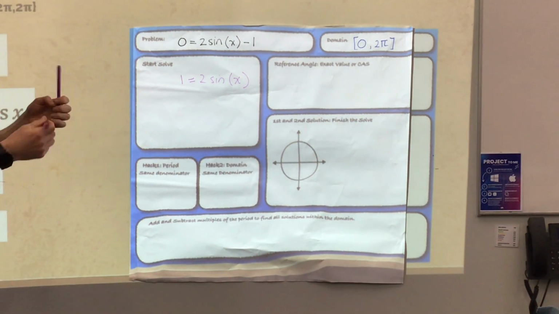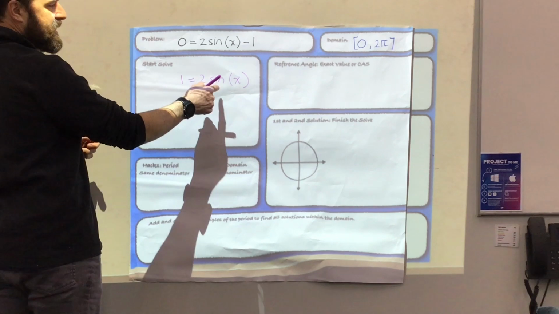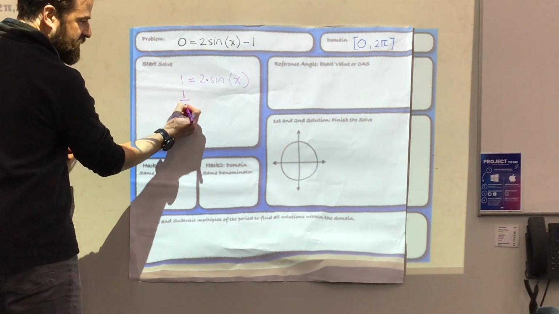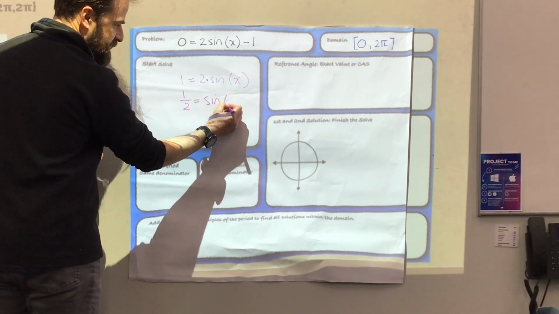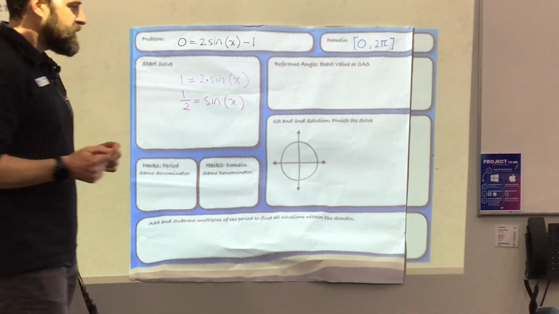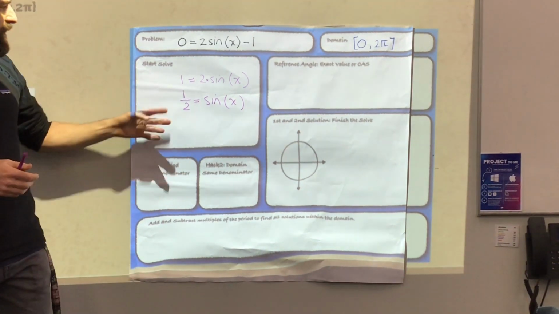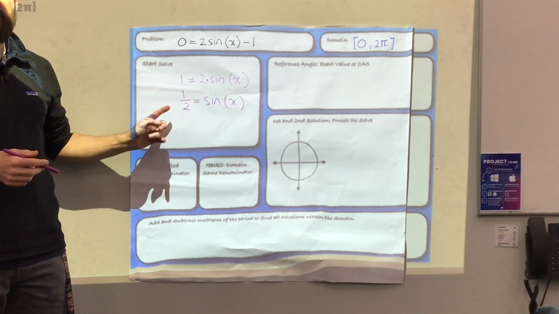Like that. My texters aren't great today. And then I'm going to do the opposite of multiplying by 2, which is dividing by 2. So the question that I'm trying to now solve is when is sine of x equal to 1/2?